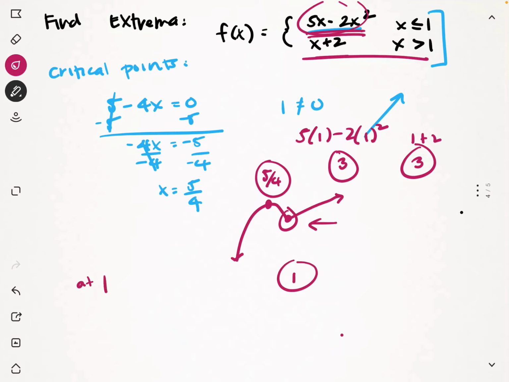So at 1, our y value is, that's going to be a min, which is 3.